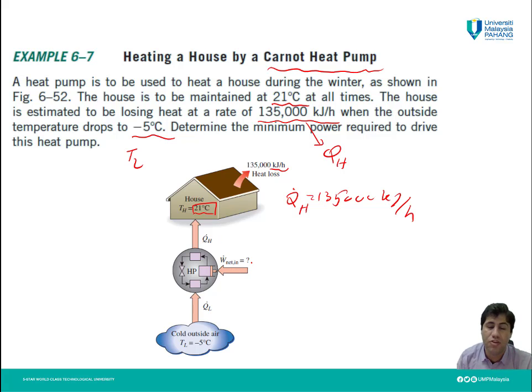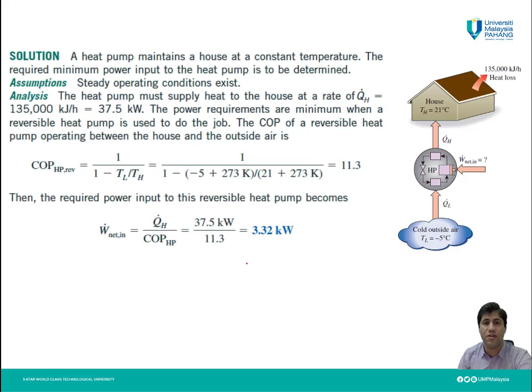First of all, you need to notice that what we have here is a Carnot heat pump. An interesting characteristic of a Carnot heat pump is that we can calculate the coefficient of performance by this equation. We need only the temperatures of the two reservoirs: TL the outside, TH the inside of the house.